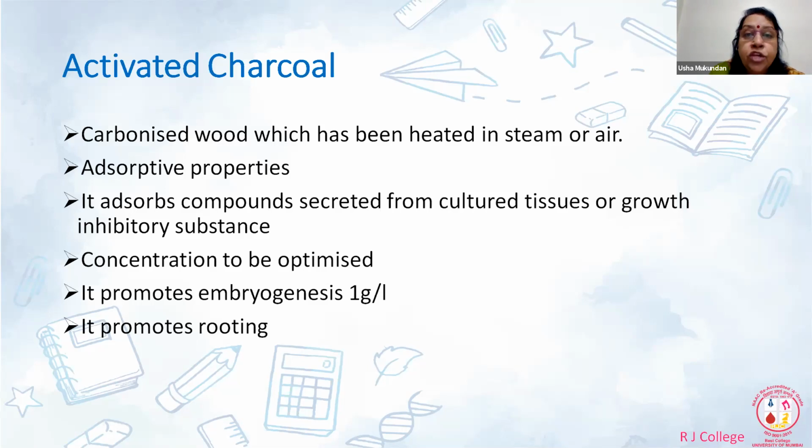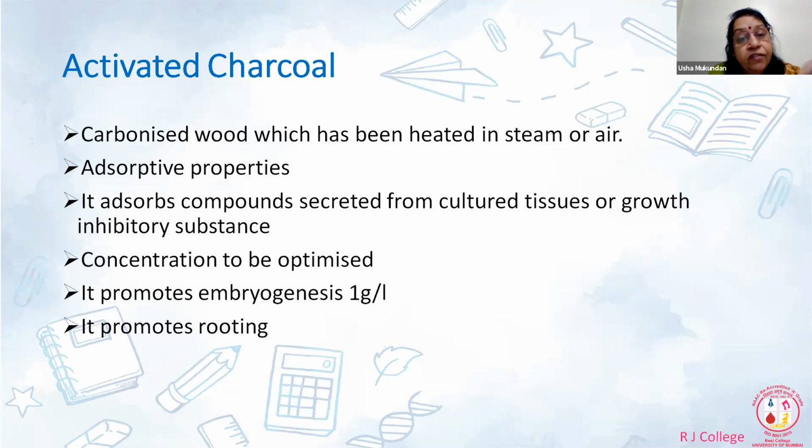And in embryogenesis, for some plant species, it has been observed that activated charcoal promotes somatic embryo formation. It also promotes rooting. A dark area is created as a result of activated charcoal, and due to this, rooting is enhanced.